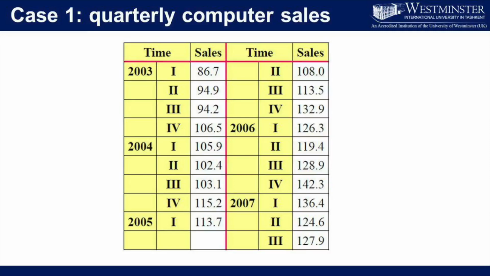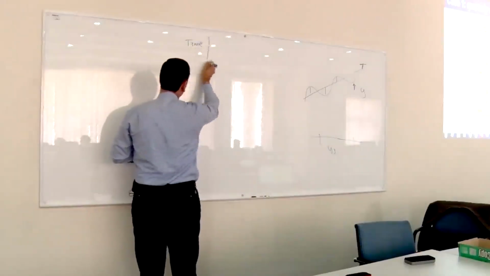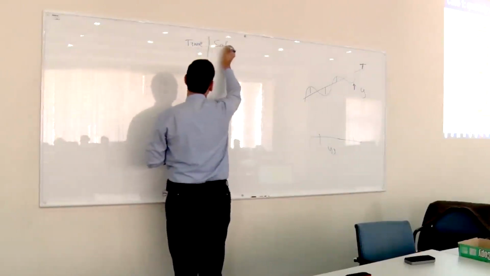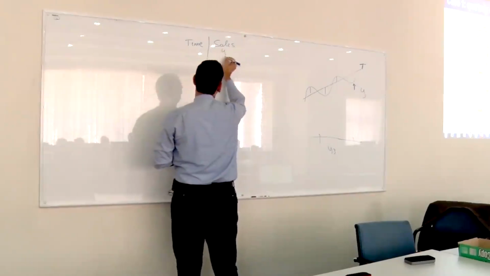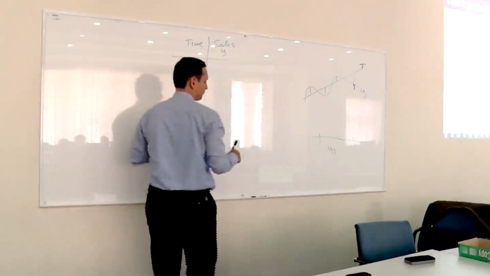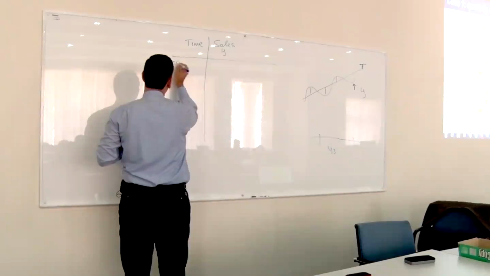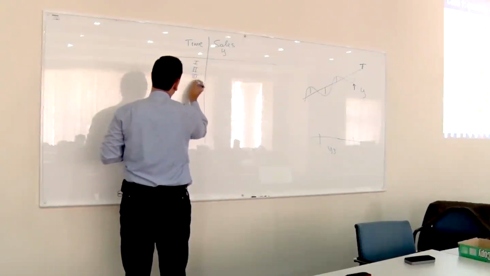The first thing you have here is the time, and the next thing is sales, or you also can call it Y. We have 2003, quarter 1, quarter 2, quarter 3, quarter 4.